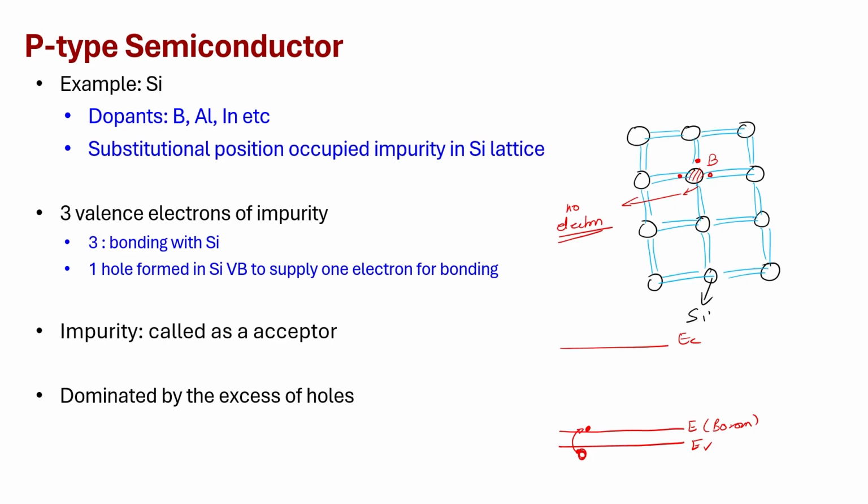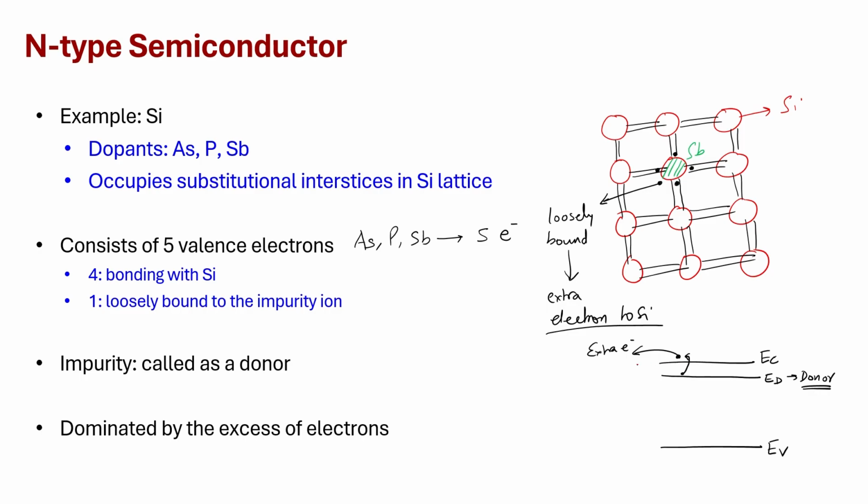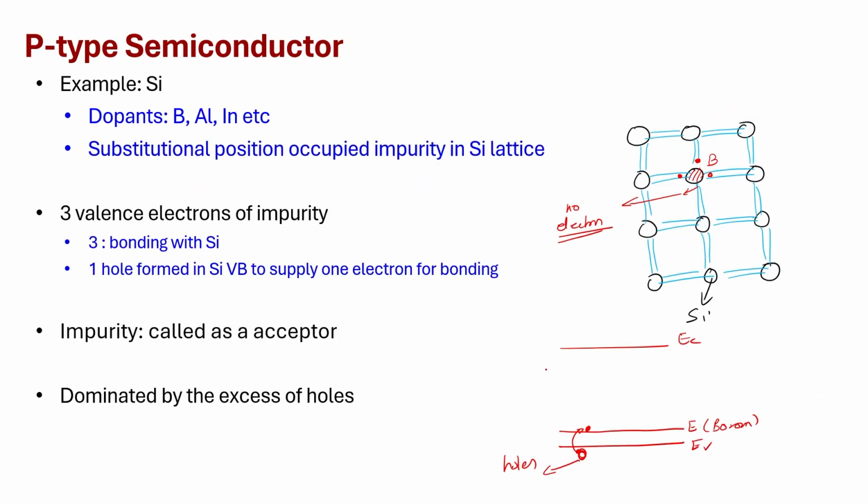Every boron atom, if fully accepting, creates one hole, so if you put in a lot of boron atoms, you will have a lot of holes in silicon. Such a material is called p-type silicon, dominated by an excess of holes. This will be an electron in the conduction band, and this will be a hole in the valence band.